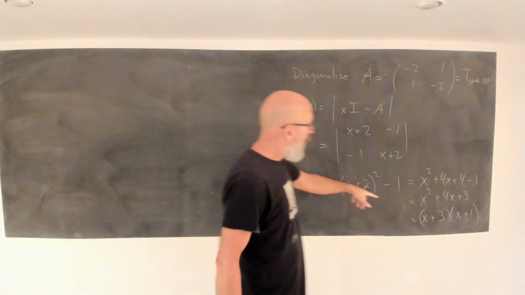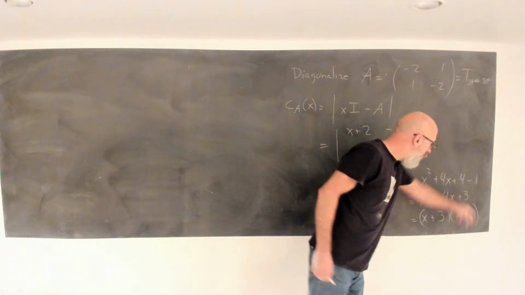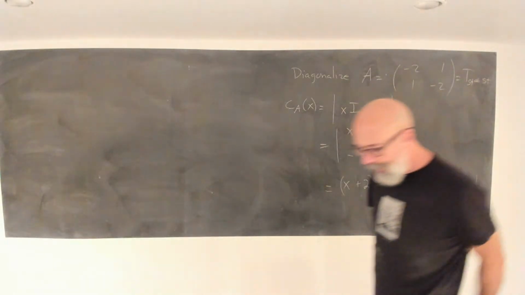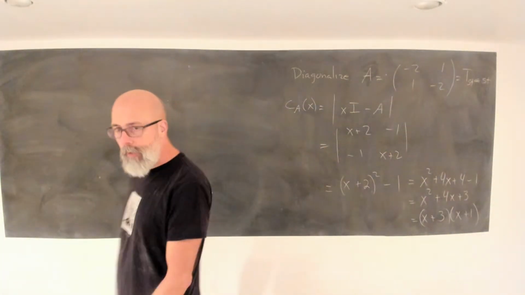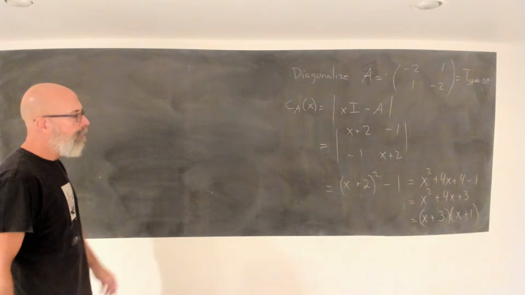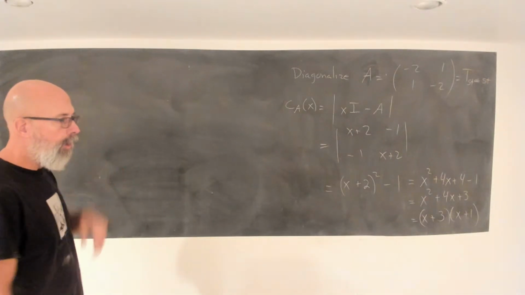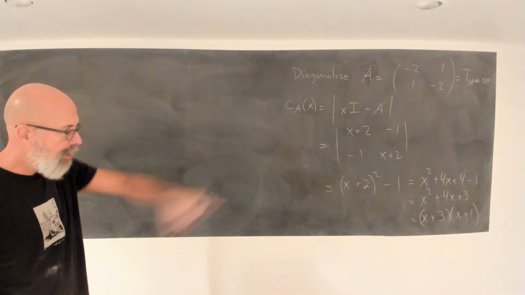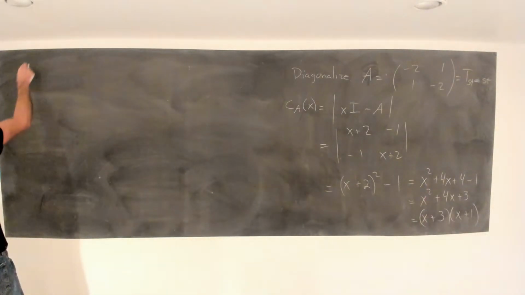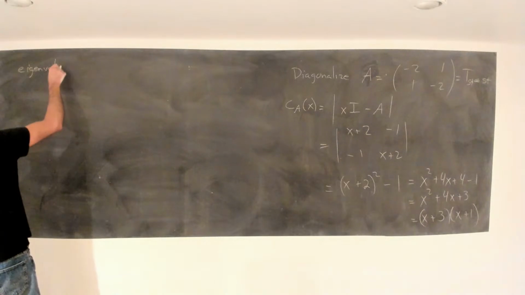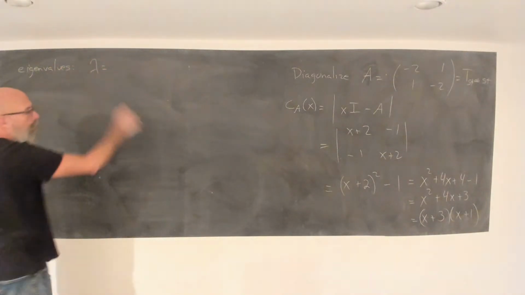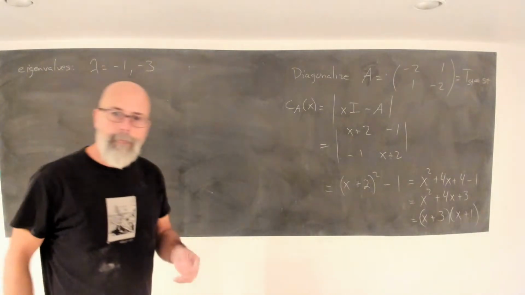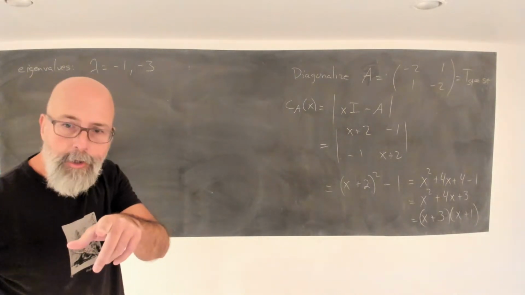If factors had multiplicity, like squared and cubed, then you want to make sure that the eigenspace has the same dimension as the multiplicity of the root. But in this case, we're guaranteed. The eigenvalues are going to be -1 and -3.